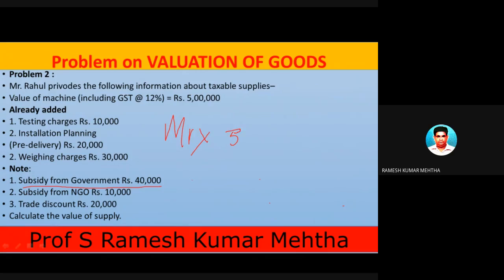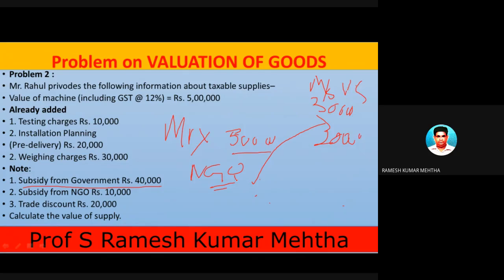He has only 30,000 with him, and he approaches an NGO. In this case, I'm not talking about the central government or state government or local authority, but he approaches an NGO, and the NGO tells him, okay, you pay 30,000 to Vijay Sales, and I will give to Vijay Sales 20,000 rupees.